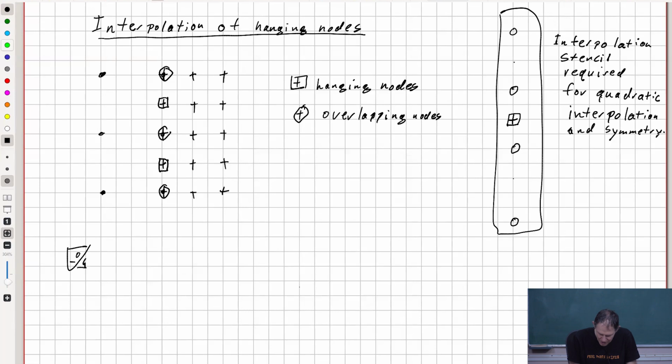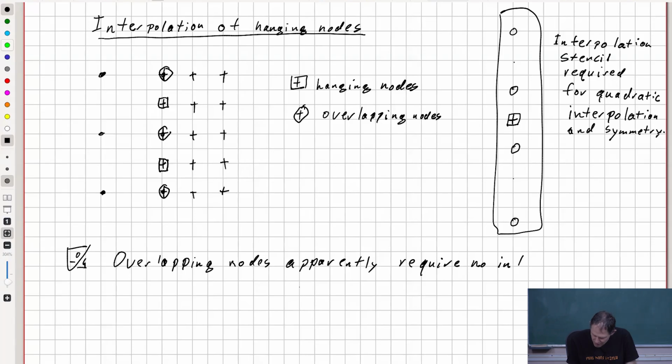So the overlapping nodes, okay, they need interpolation in time, but they don't need interpolation in space.